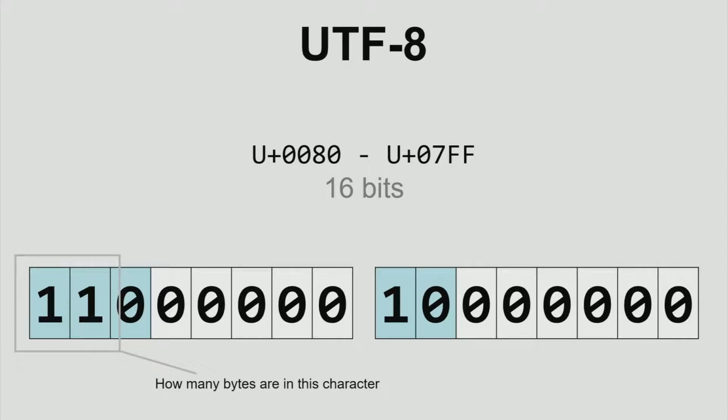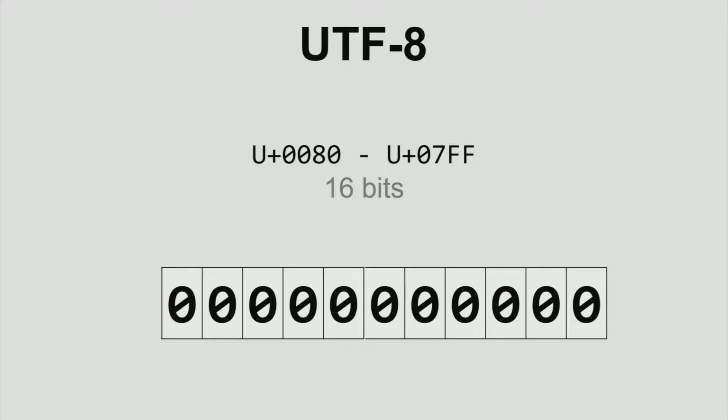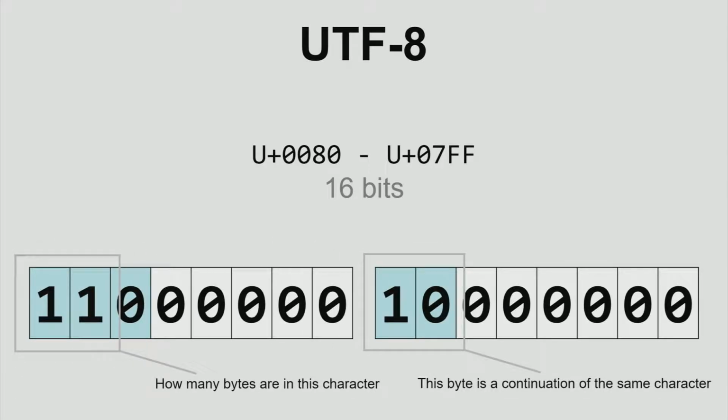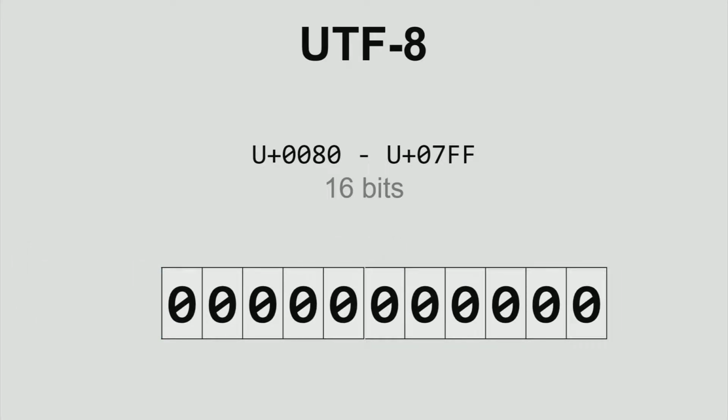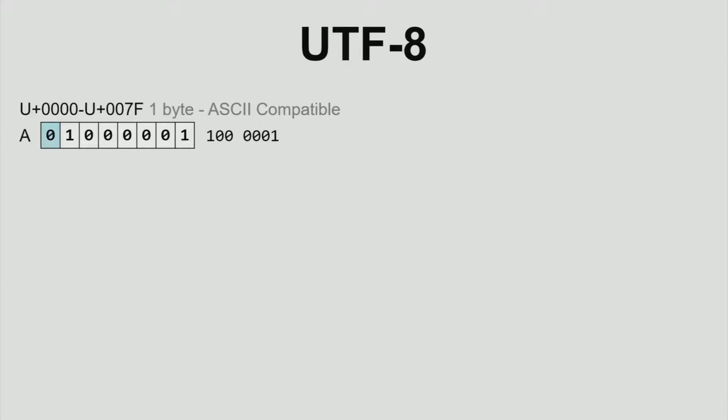So if you see 2 ones, it means for this one single character we have to use 2 bytes, and the second byte, and the third and the fourth, they always start with 1 and 0. This is confusing, but I have some examples. You take these indicating bits out, put the rest of the bits together, and then you get the final value.